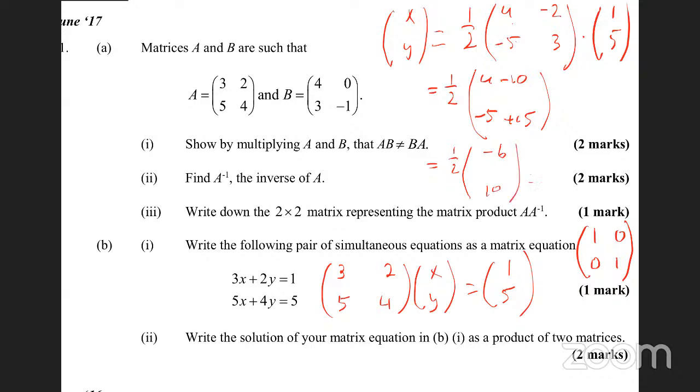A half of minus 6 is minus 3, half of 10 is 5. So you get minus 3, 5. Okay, nice. That's a matrix question. Next one.